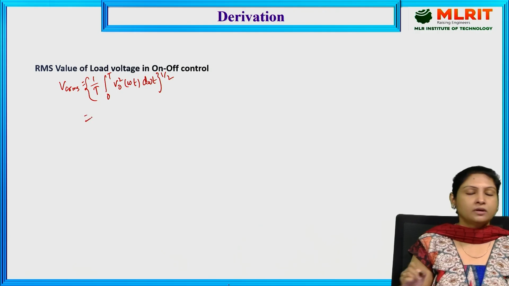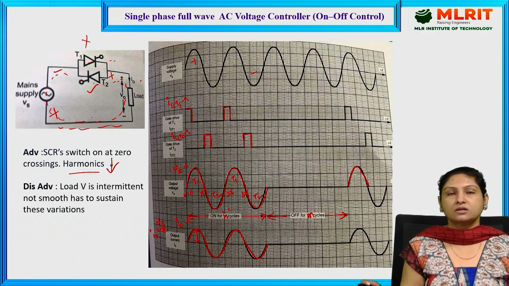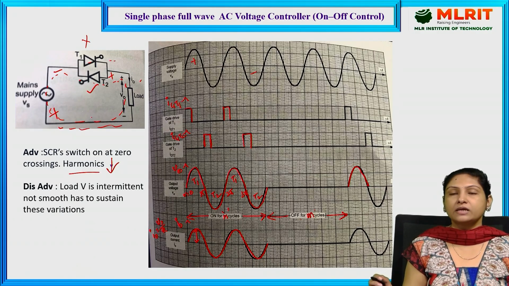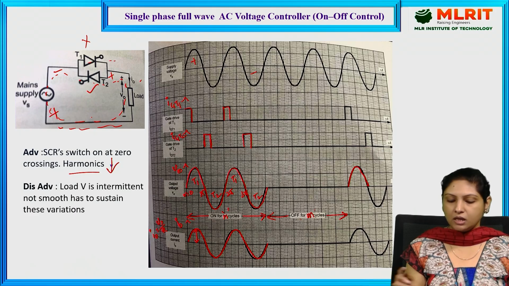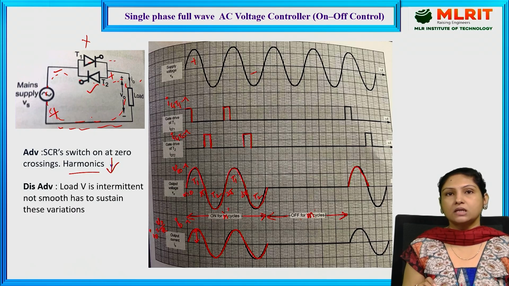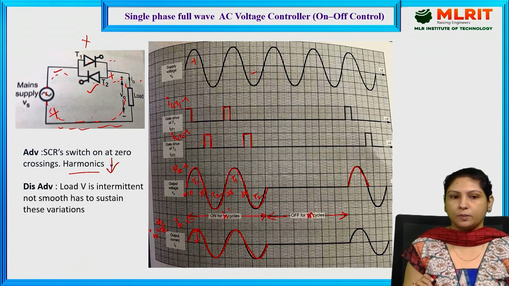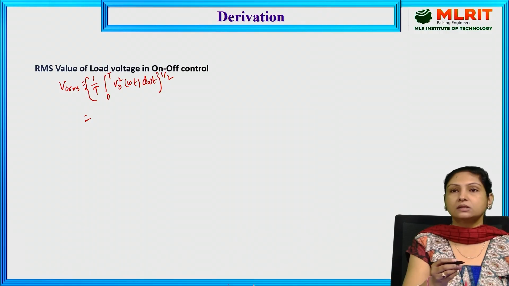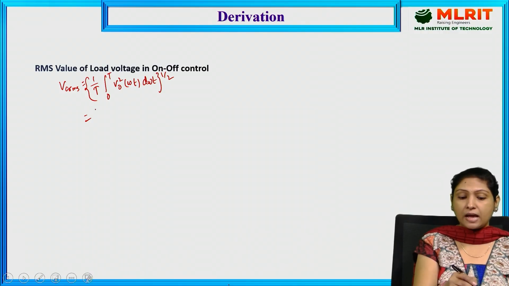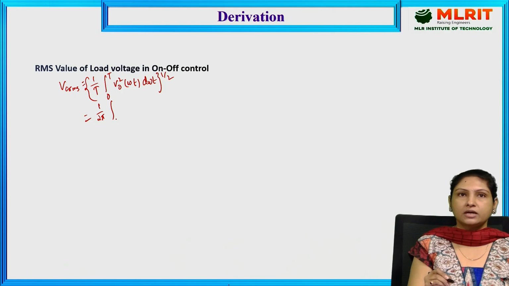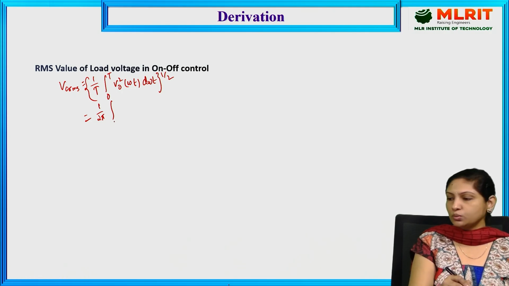If you check the waveform, every similar cycle is repeating for 2 pi. So the total time period will be considered as 2 pi, and it is conducting from 0 to 2 pi.